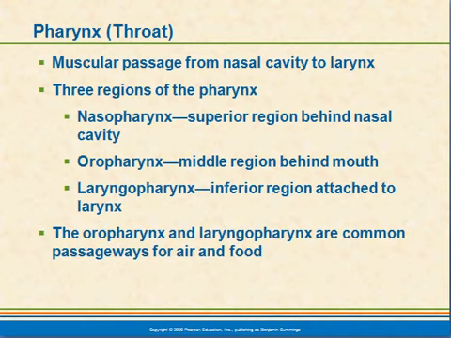Now, the oropharynx and laryngopharynx are shared between the digestive tract and the respiratory tract. So they are common passageways for food and air. Since both digestive and respiratory are on this upcoming test, that's a good question: compare and contrast what is a common passageway for air and food, what is only a passageway for air, and so forth.